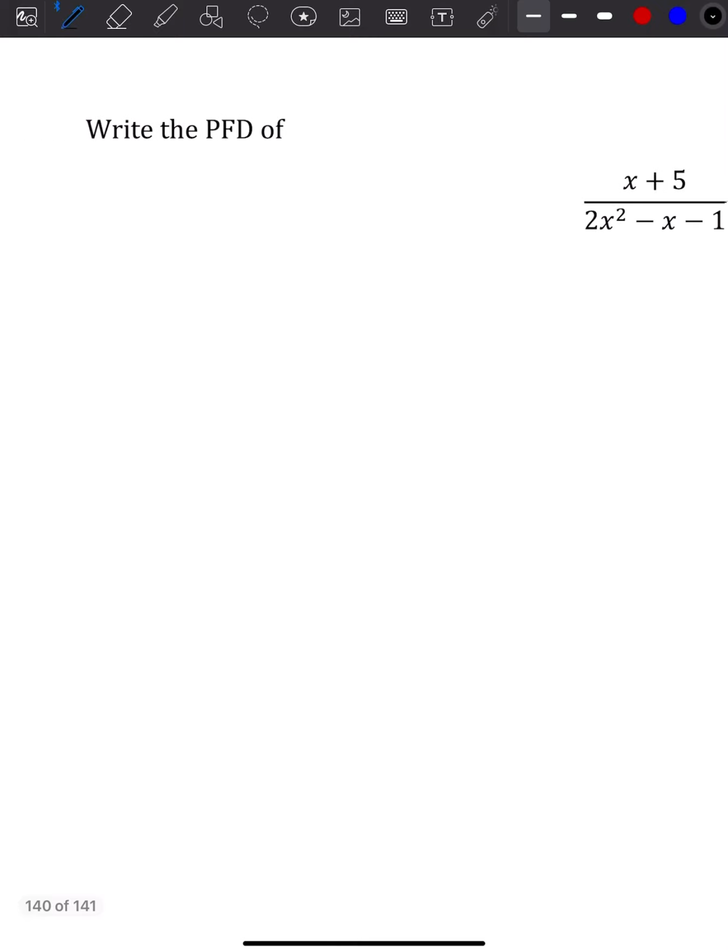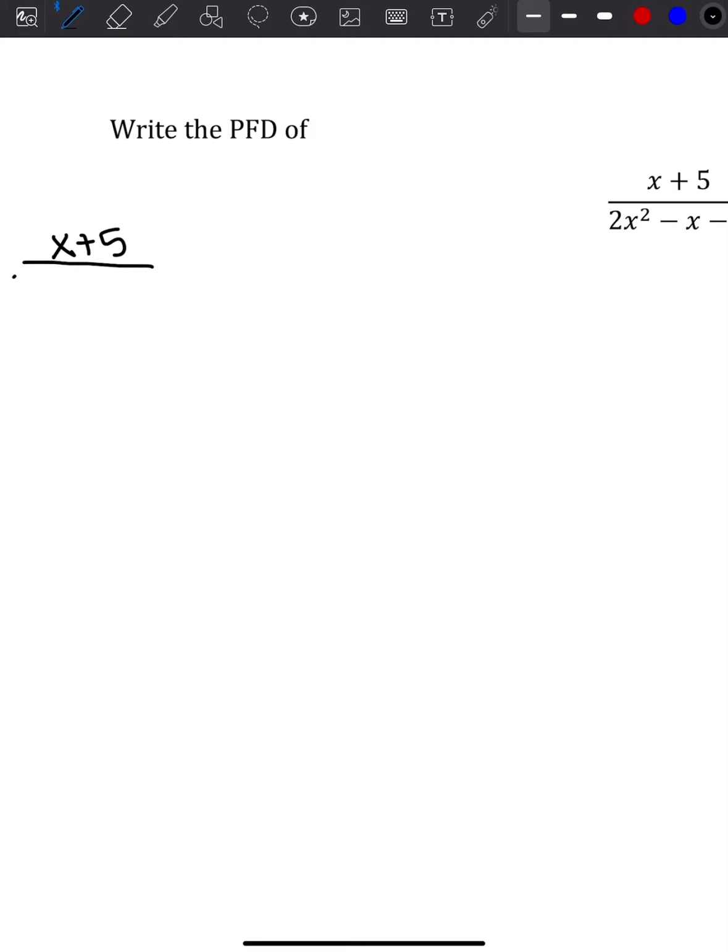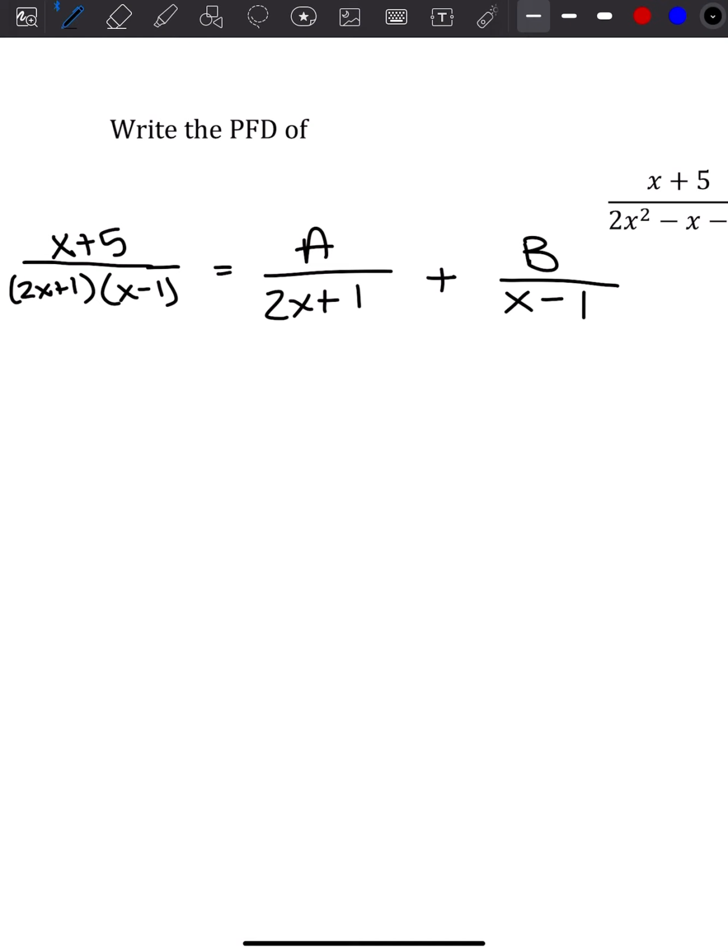So I have x plus 5 divided by 2x plus 1 times x minus 1 equals A over 2x plus 1 plus B over x minus 1.